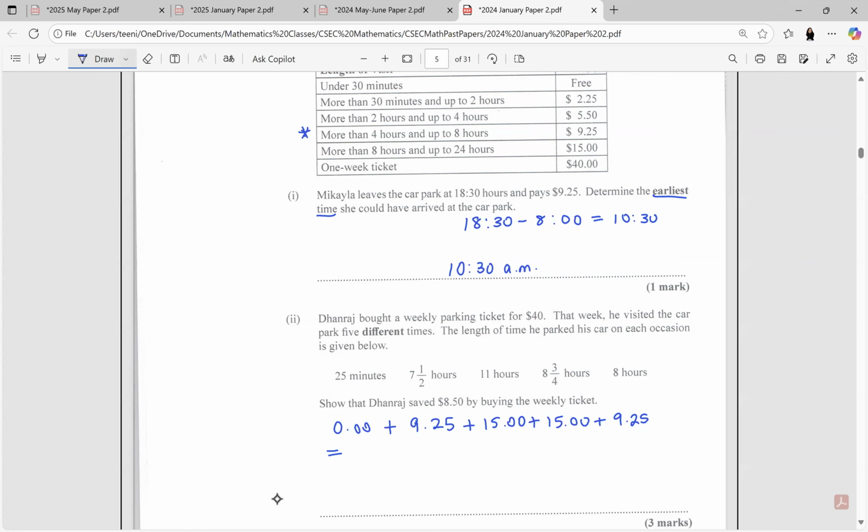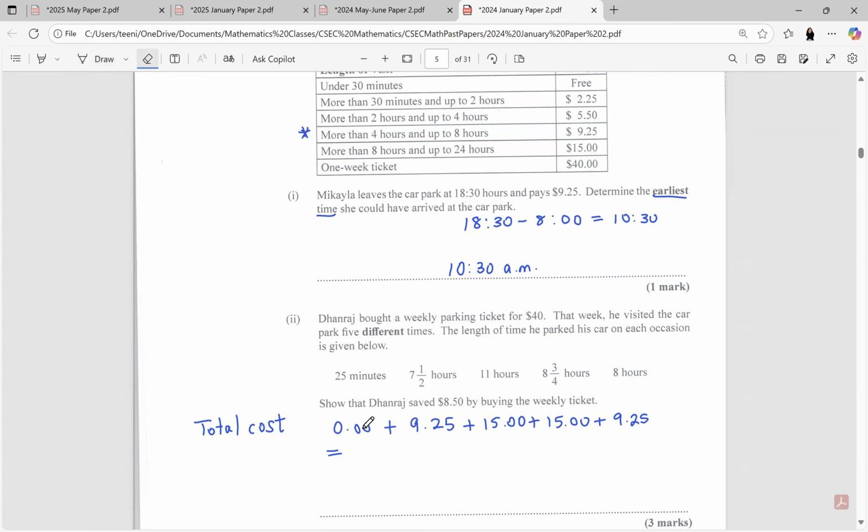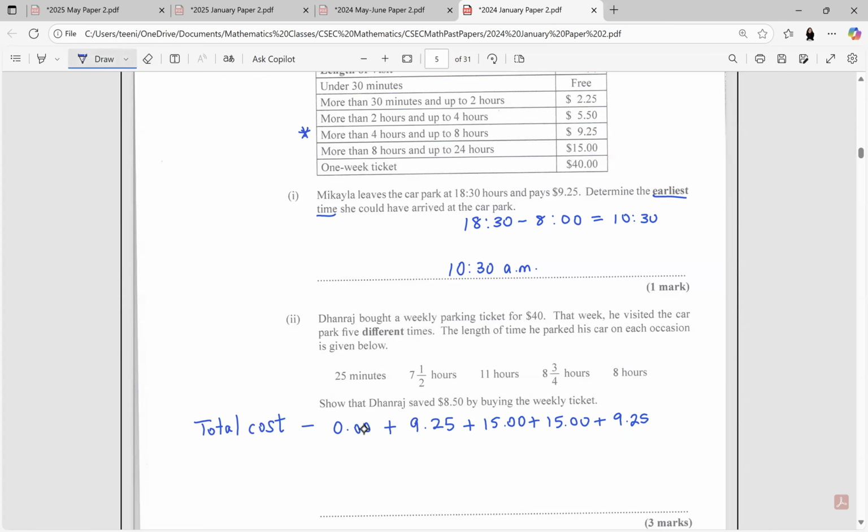This that I just worked out is the total cost. Josh, what did you get when you added up all of these? I'm still doing it. I made a mistake, so I had to restart. Okay.